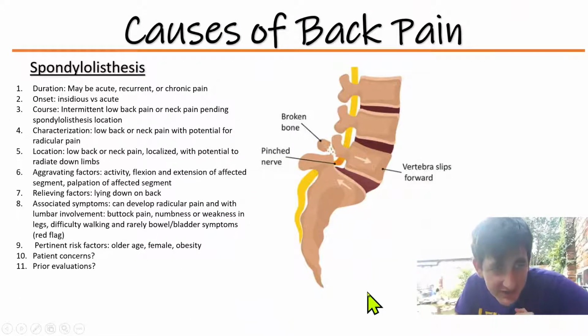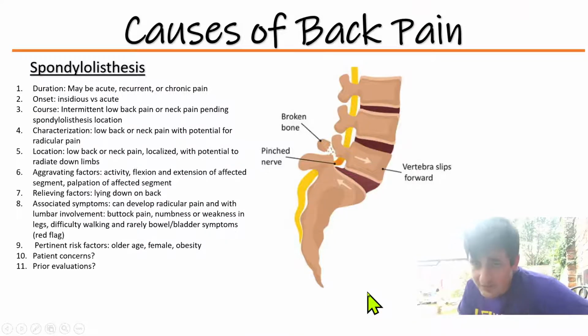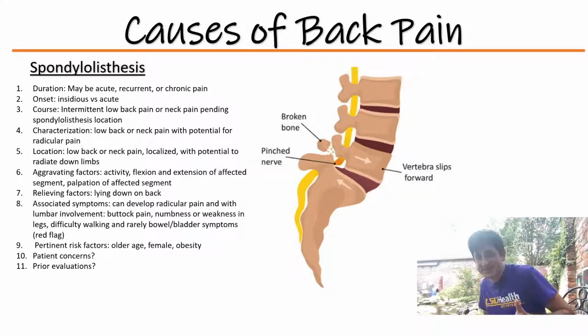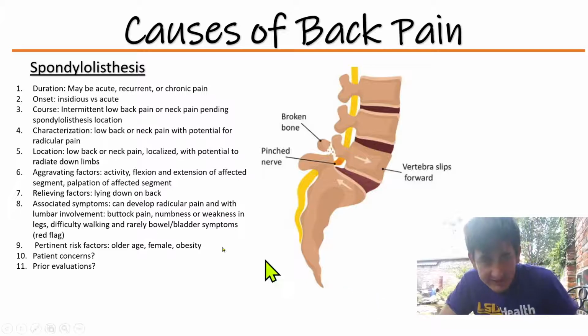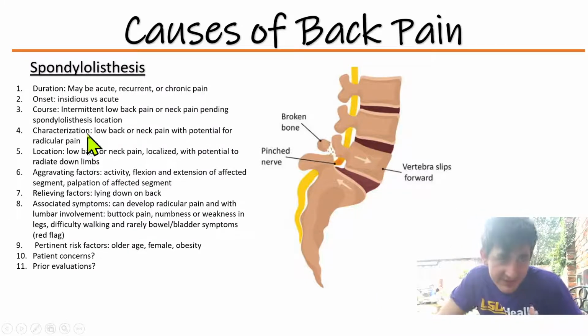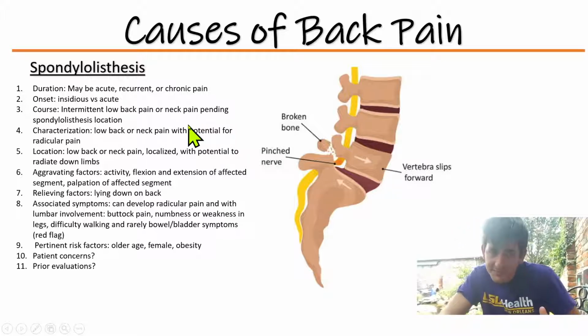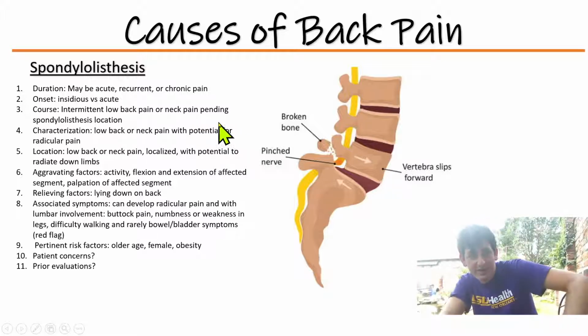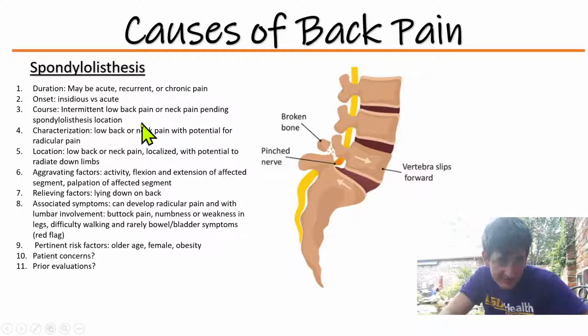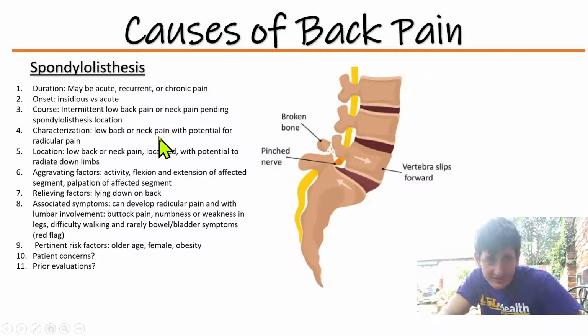So when you have a patient here with back pain, let's find out what they might have. Duration of symptoms, again, acute, recurrent, chronic pain. Depends when they show up to the office. Onset's insidious versus acute, again. Course, intermittent low back pain or neck pain, depending on spondylolisthesis location. Characterization, low back or neck pain with potential for radicular pain, shooting pain down limbs.